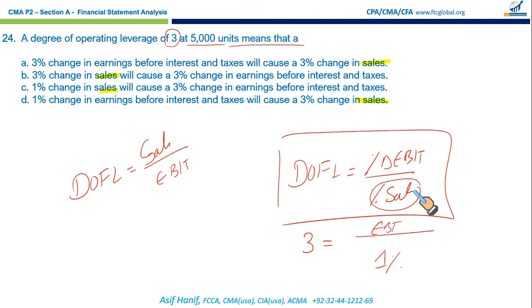If sales change by 1%, the EBIT changes by 3%. That is what is meant by DFL of 3. And this perfectly matches with this option: 1% change in sales will cause 3% change in earning before interest and tax. And that's how it's verified. Know your formulas as well, because financial statement analysis is all about formulas and their interpretation.